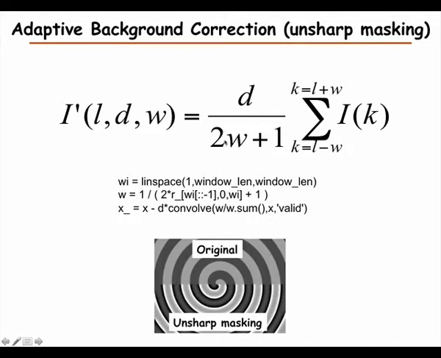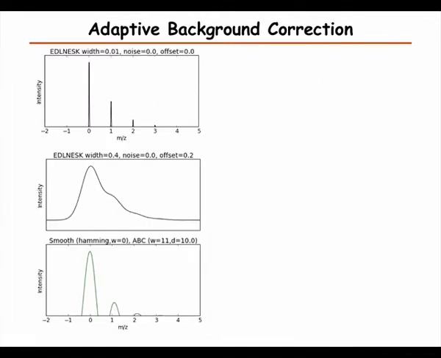So now what we can do is combine this with the smoothing. Or not yet. First we're going to apply just the adaptive background correction. Here we see our peak, but now we have very wide peaks. The second and the third are just small humps on the first peak.